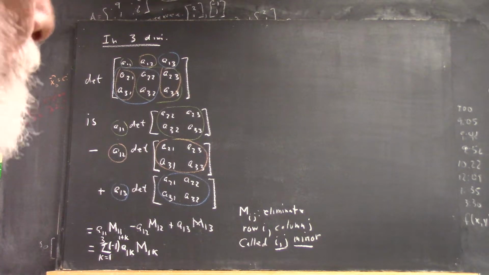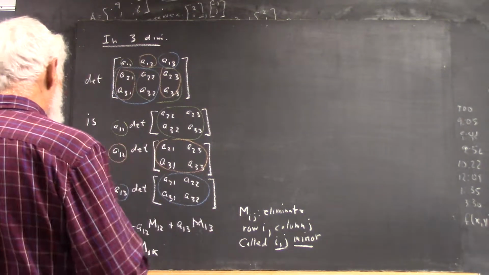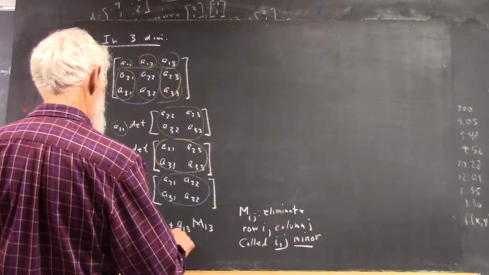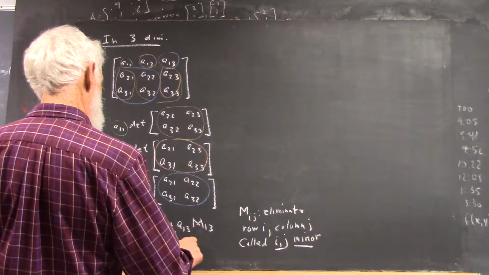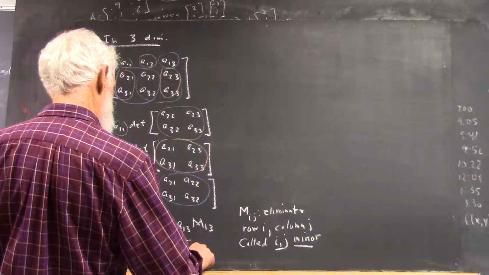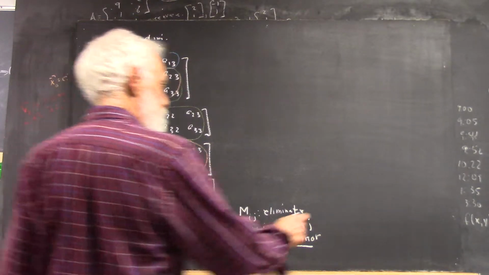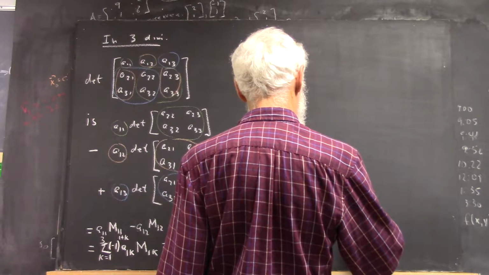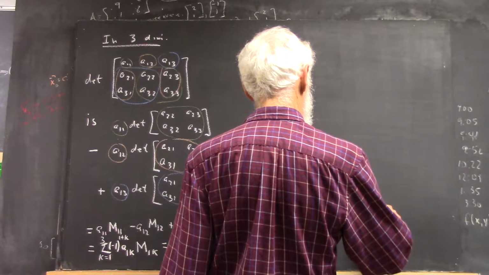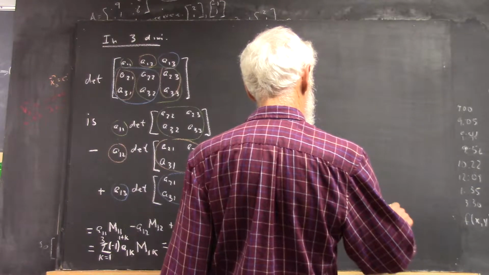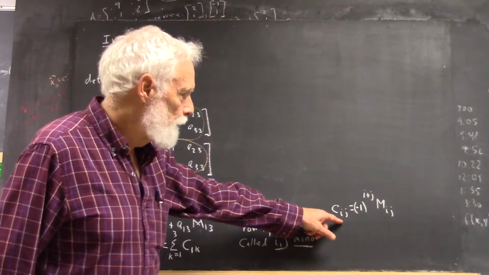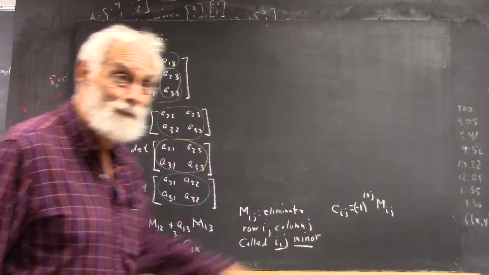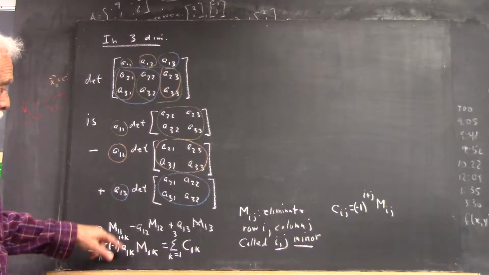Okay, now, or I can say, if I let Cij equal negative 1 to the I plus j times Mij, then I don't have to write the negative 1 to the I plus k here.